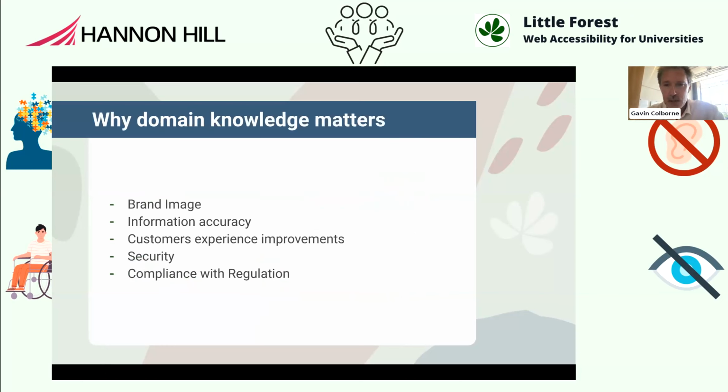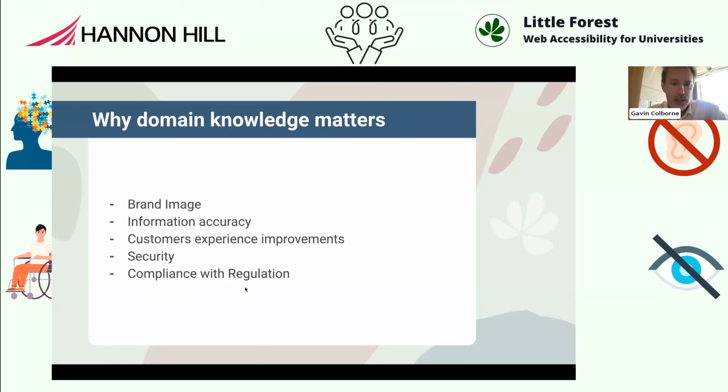So why does domain knowledge matter? Really, you want to make sure that your institution is being represented in the best possible way and that the information that people receive is accurate and up to date. This will really improve your customer experience and help with things like security and also, last but not least, compliance with regulators.